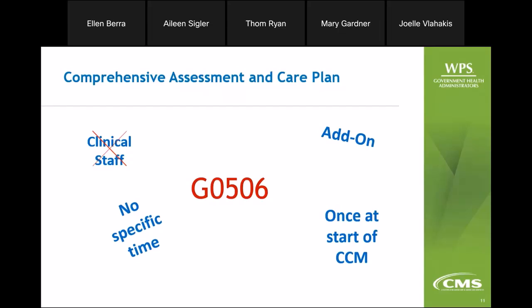I'm going to change the wording on that when we publish this handout for the Encore presentation, because really what this should say is billed in addition to the first CCM service, the monthly procedure code for that first one. This code is not available as you continue providing CCM for that particular patient.